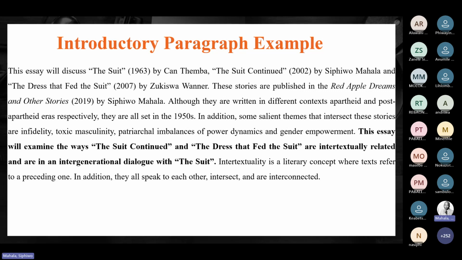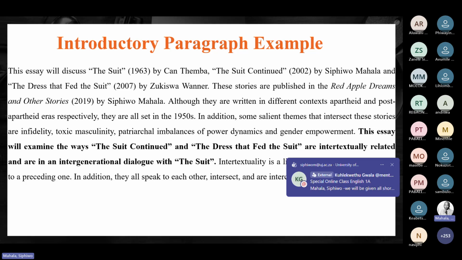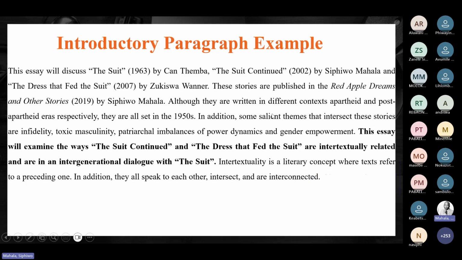And then she goes on to define what intertextuality is all about. She said intertextuality is a literary concept where texts refer to a preceding one. In addition, they all speak to each other, intersect, and are interconnected. All right.